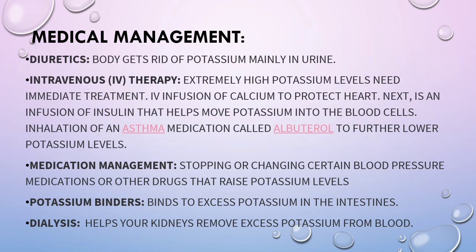The medication management, stopping or changing certain blood pressure medications or other drugs that raise potassium level. And it also includes potassium binders, which binds to excess potassium in the intestine, and dialysis, which helps your kidneys remove excess potassium from blood.